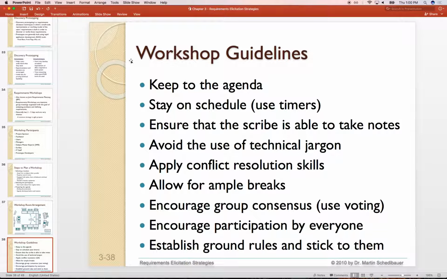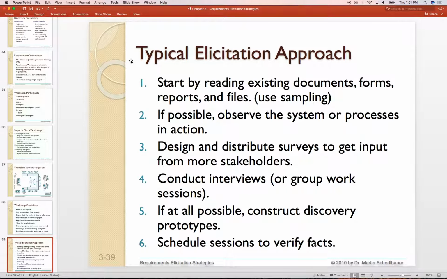Go over the ground rules: that we're not going to be rowdy, that we're going to be respectful of everybody else, that we're not going to talk over each other. You're going to be running these types of meetings, and encourage everybody to participate, not to be passive. It's very expensive to have them there. Please participate and provide valuable input to the team.